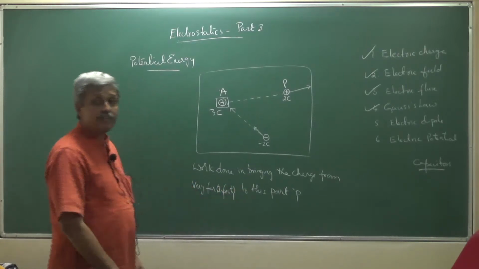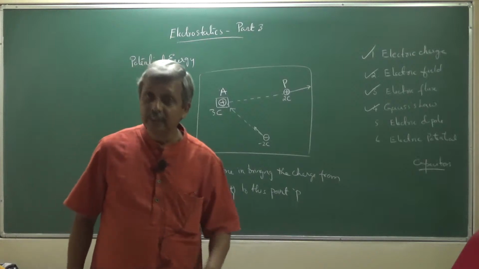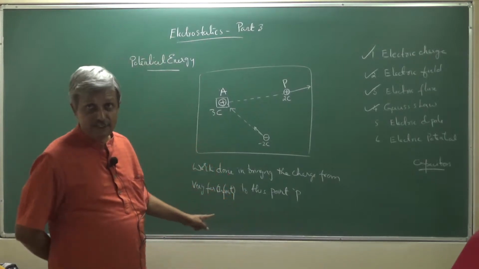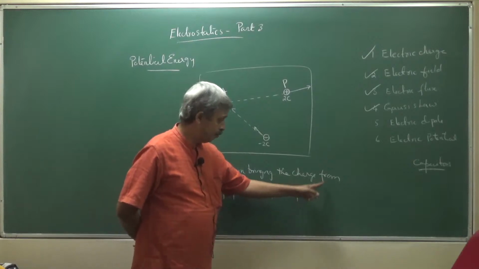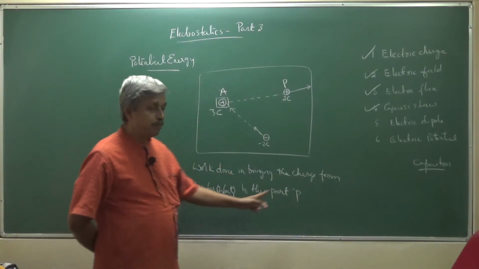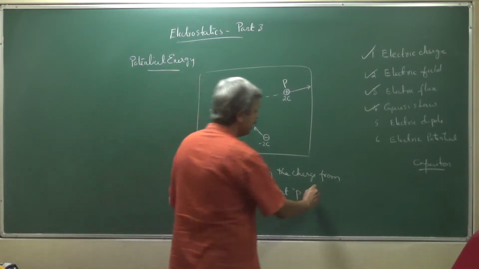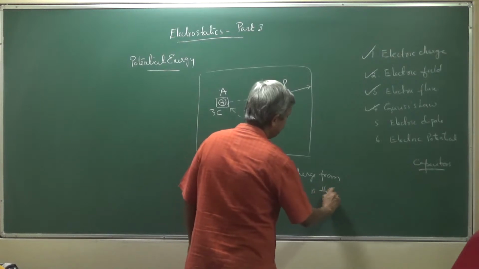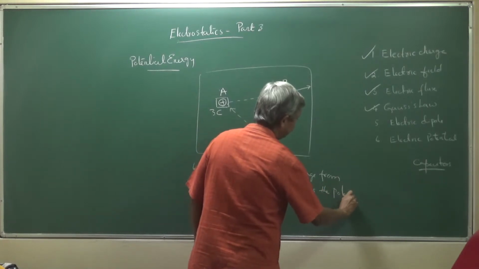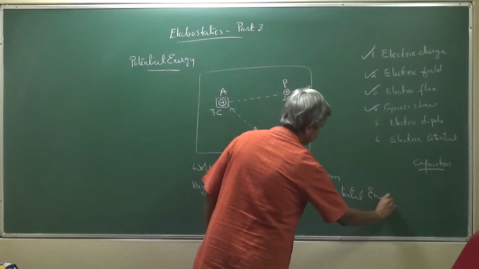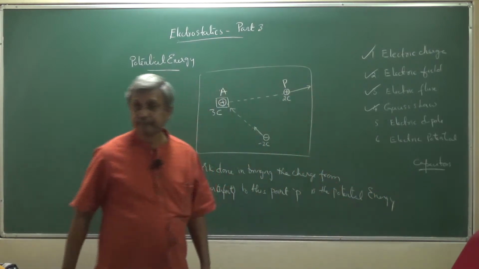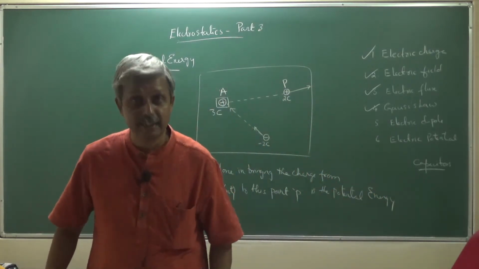So from infinity to that point, that is the definition. Work done in bringing the charge from infinity to this point P is the potential, that is nothing but the potential energy.